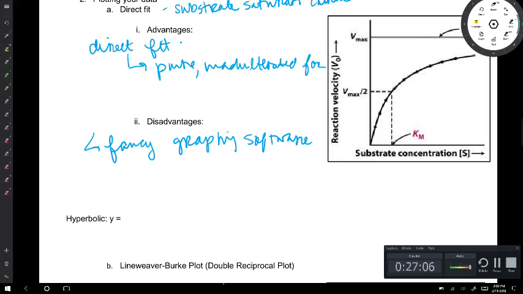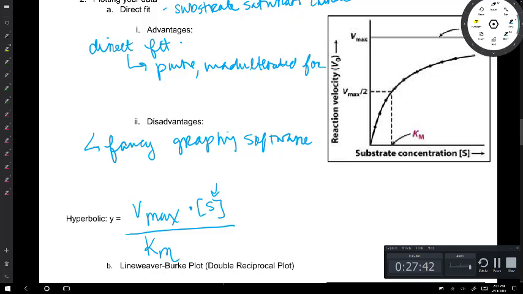The hyperbolic fit that we can apply to our kinetic data is y equals the Vmax times the substrate concentration, divided by the Km plus the substrate concentration.